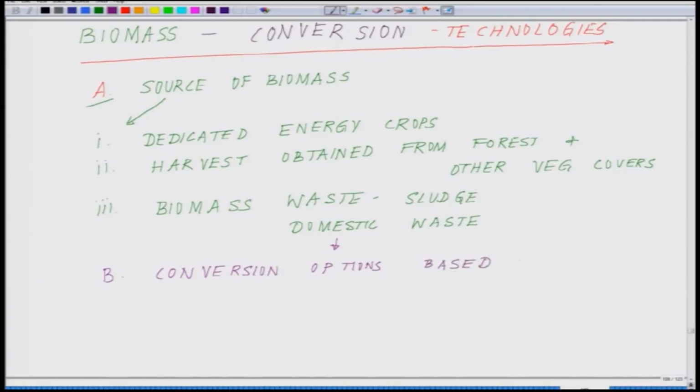That is what I was discussing with you, based on the properties of biomass. Okay. So, what are the different options we are having?